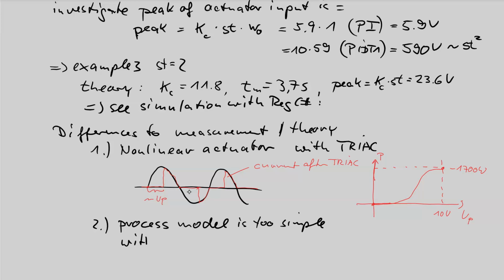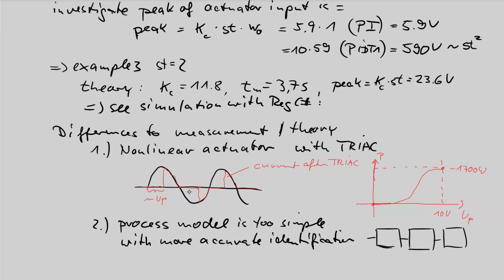With another identification method, with more accurate measurement, identification, we get a model which consists of 3 PT1 and a delay.